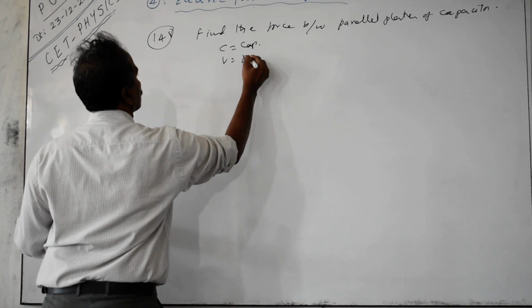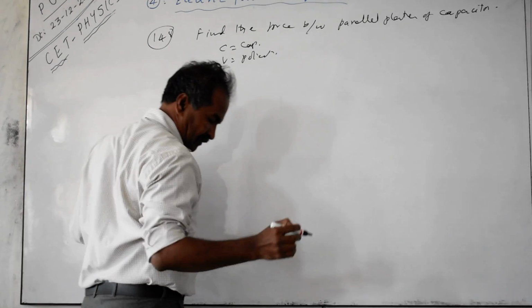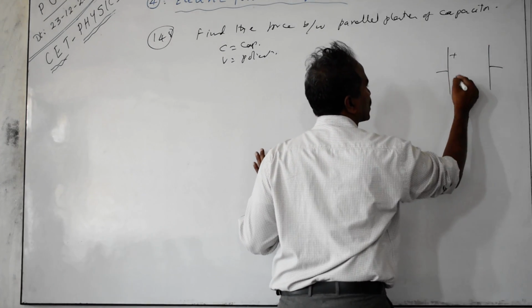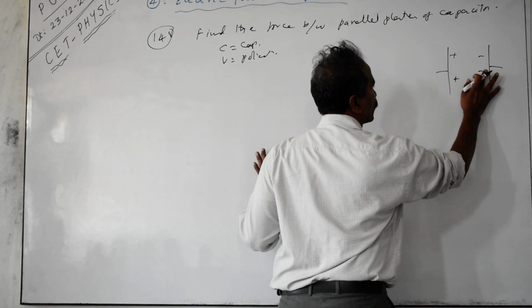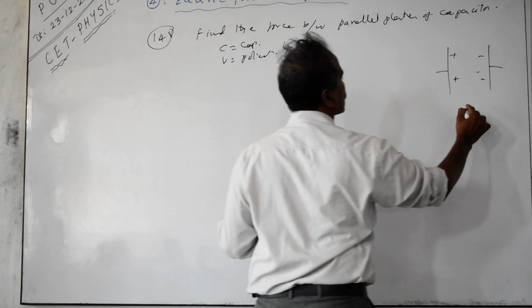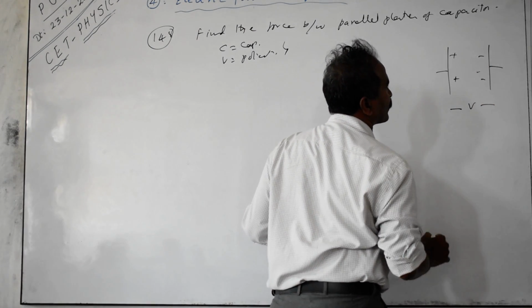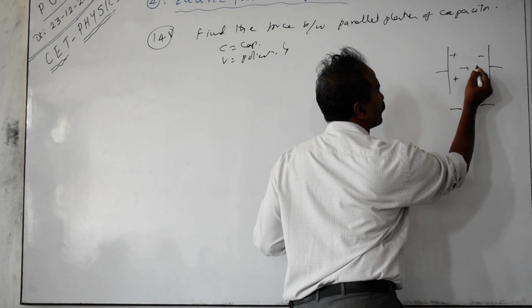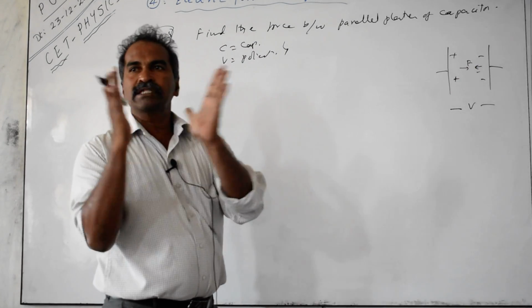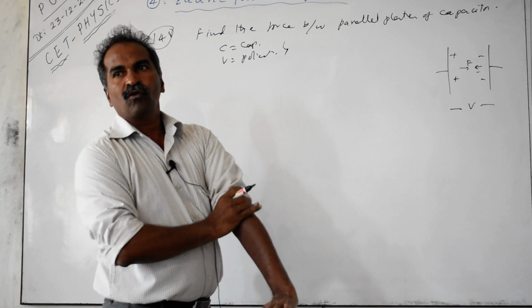Whenever there is force, charges must be there. Without charges there is no force. Only charged plates are taken here. The potential difference is V, which means it is already charged. So the force acting between them is an attractive force. Both plates try to move toward each other due to the attraction by the unlike charges. You have to find the force.